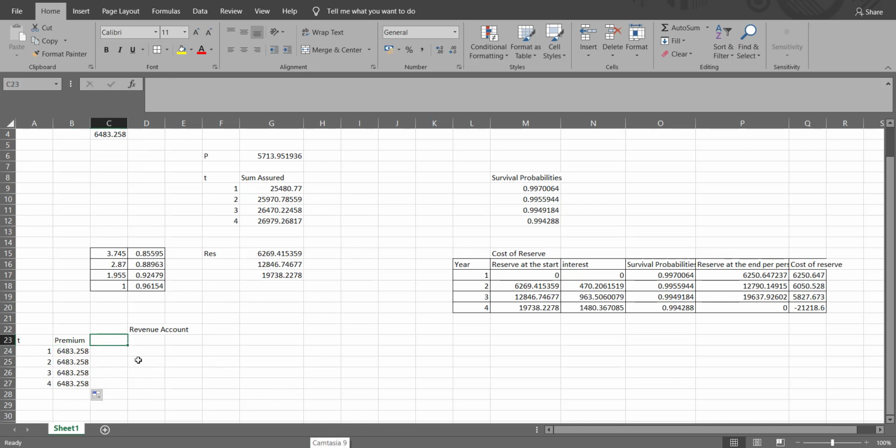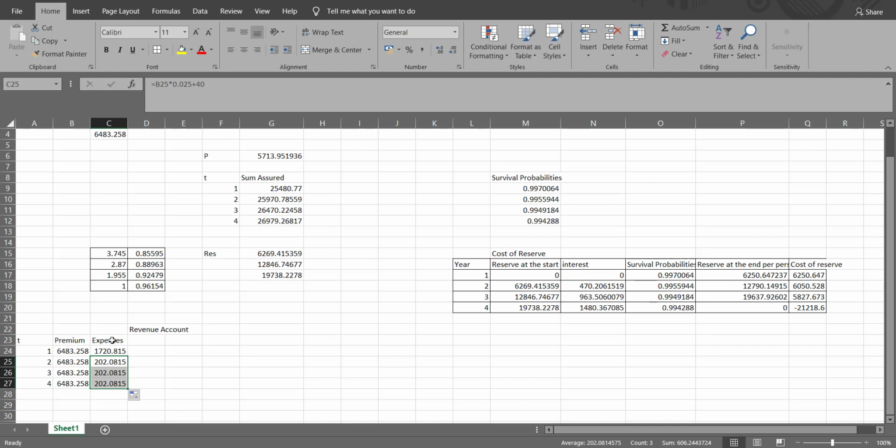Now once you have your premium, you can calculate your expenses. Straightforward to calculate. First year, I think we had premium times 25% plus 100, right? And second year onwards, premium times 2.5% plus 40.